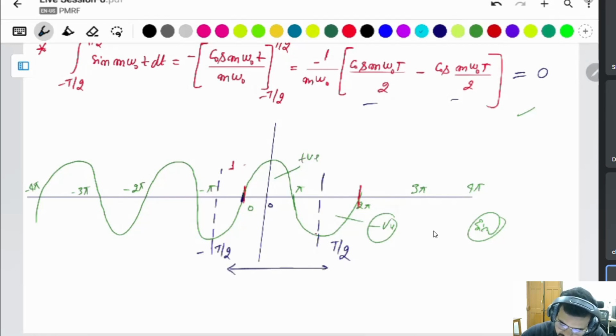The area of this curve: this is a negative portion, this is also a negative portion, and these portions will be the same, while this one is positive. Then the positive and negative areas will be the same. That's why the cosine signal also has 0 value if you integrate it over a time period.